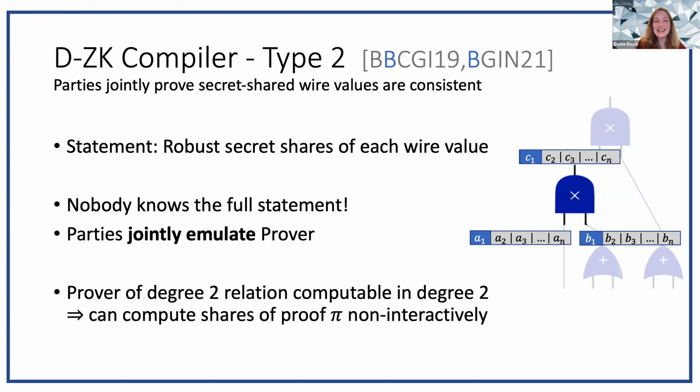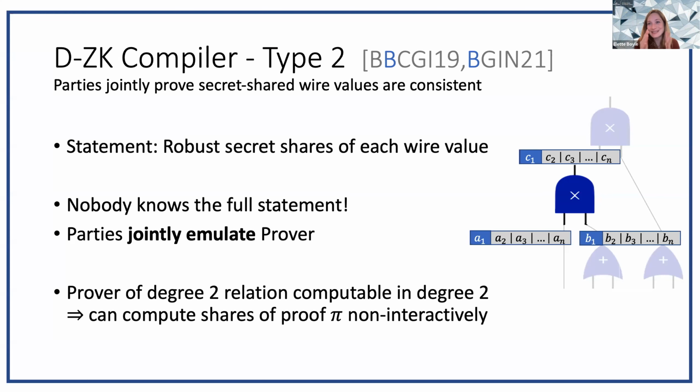And what that means is that we can actually perform this prover computation, which, by the way, is taking this huge statement as an input, but has a small output, which is the sublinear size proof. And we can perform this degree 2 compression securely without interaction.